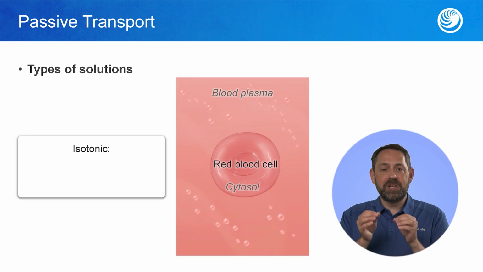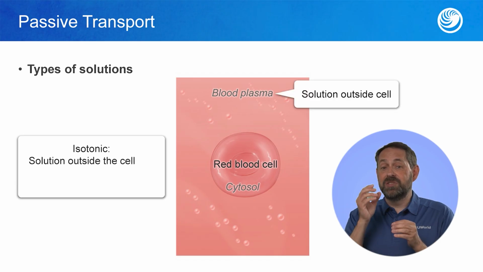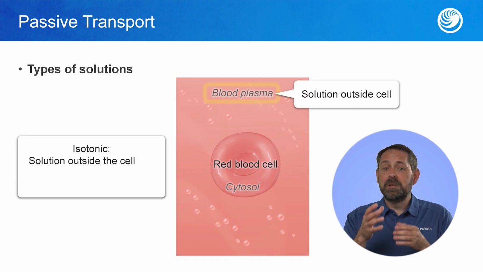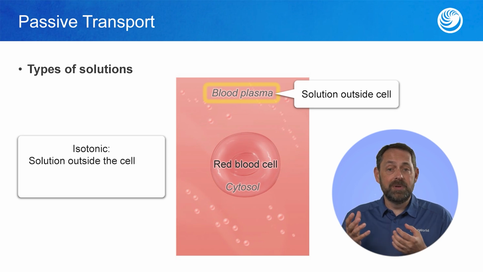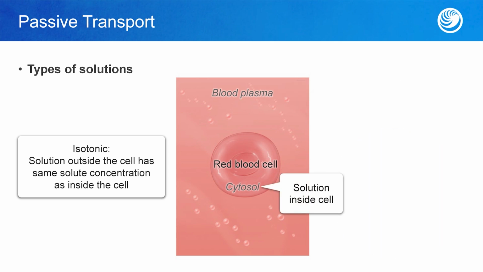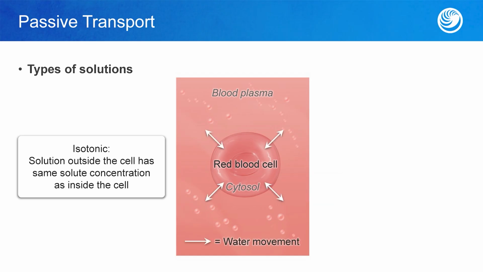An isotonic solution is one in which the solution outside of the cell, such as blood plasma in our example, has the same solute concentration as the solute concentration inside of the cell, that is, the red blood cell cytosol. In Greek, iso means equal, so the same solute concentrations inside and outside the cell makes sense. When a cell is in an isotonic solution, water enters and leaves the cell at the same rate, so there is no net change in the cell's volume.